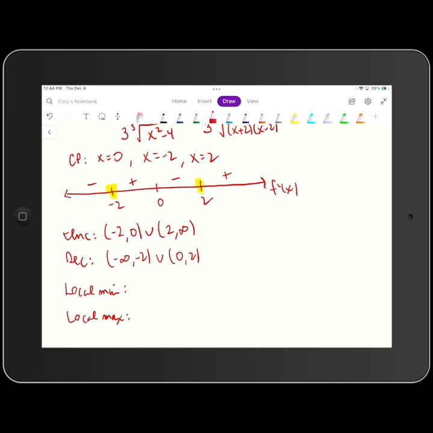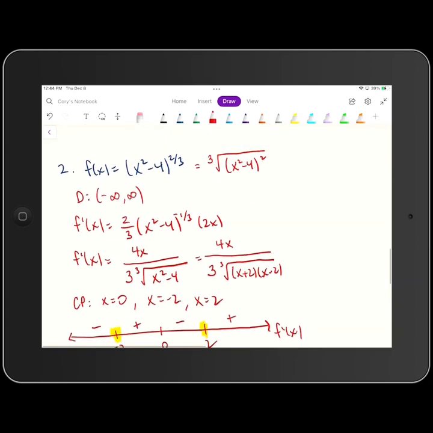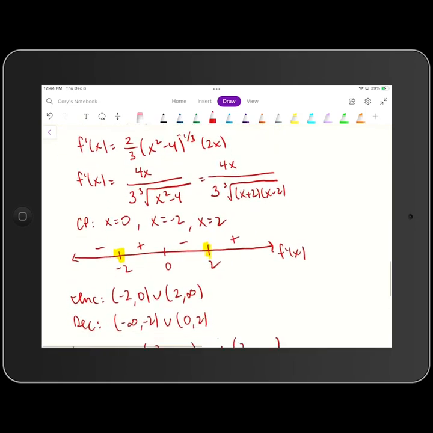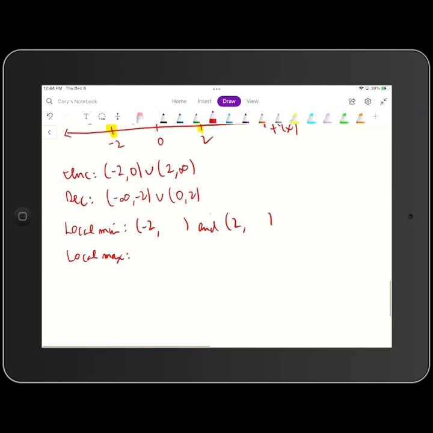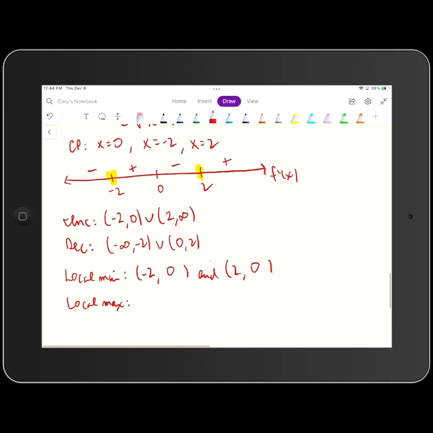So our function is going to have 2 local mins. So we need to determine the y coordinates at both of those x values. And when we plug those into our original function, we're going to get the y coordinate for both of those points to be 0.